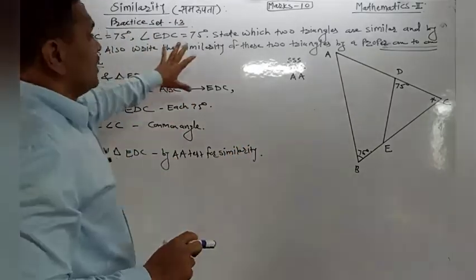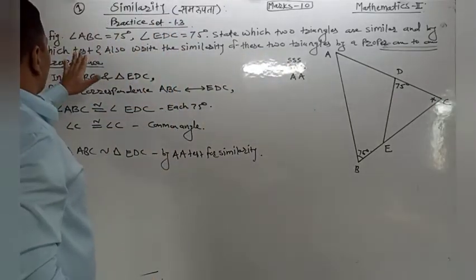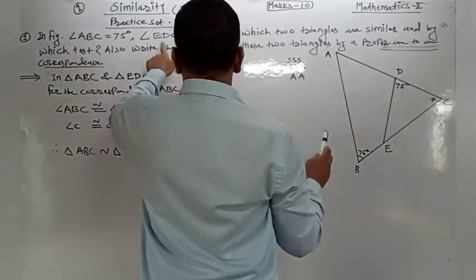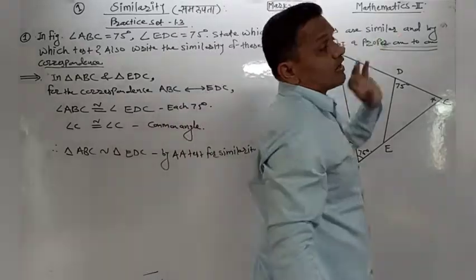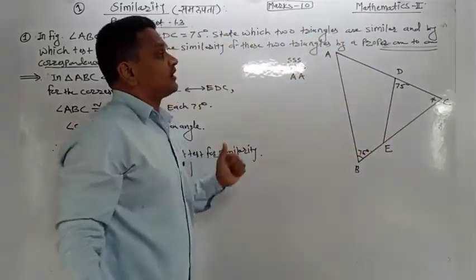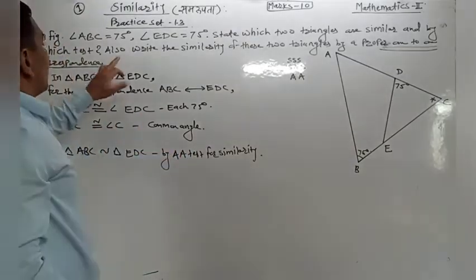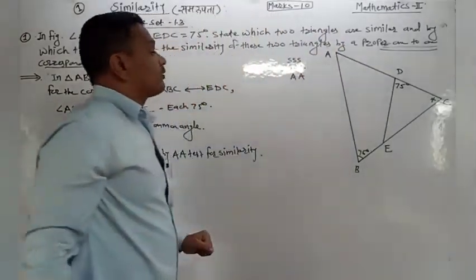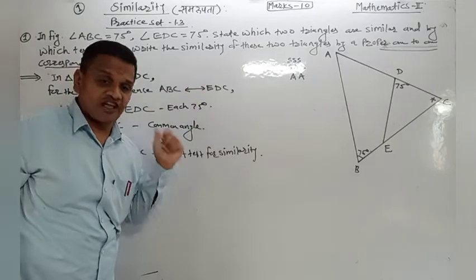Now, what is in the problem? In the figure, angle ABC is equal to 75 degrees, angle EDC is equal to 75 degrees. State which of the two triangles are similar, and by which test. We have written it is by double A test. And also write the similarity of these two triangles by proper one-to-one correspondence. This is the proper one-to-one correspondence between the vertices of the two triangles.